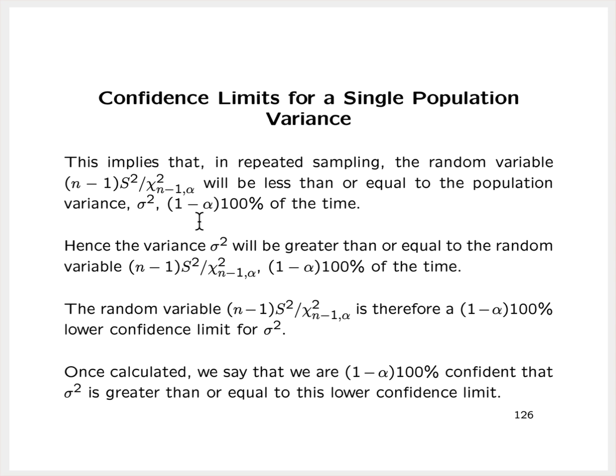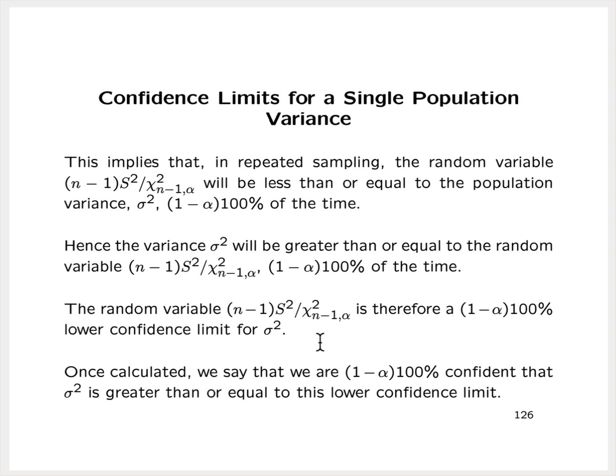Hence, the variance sigma squared will be greater than or equal to that random variable 1 minus alpha times 100% of the time. So the random variable given by this expression is a 1 minus alpha times 100% lower confidence limit for sigma squared.